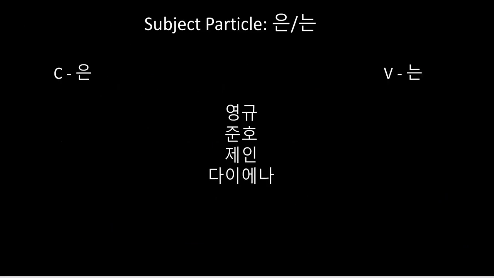So if we have a name, if we have a subject, 영유, the last letter for this subject is a vowel. So we're going to use the subject particle 는. So we're going to say 영유는.